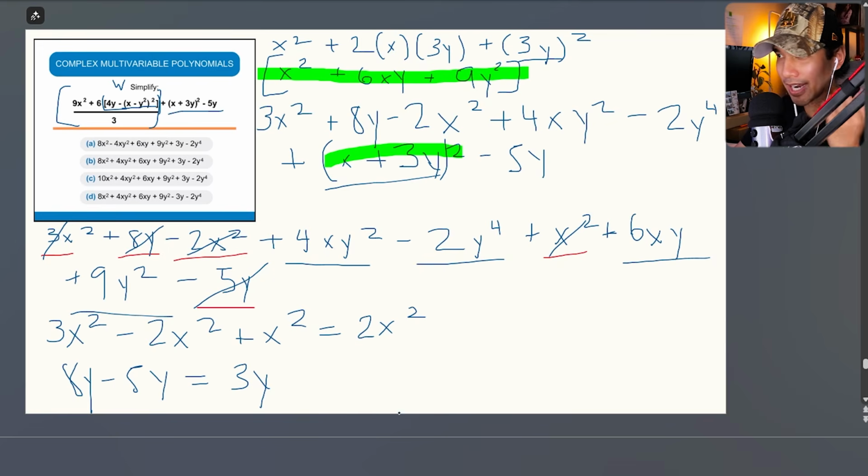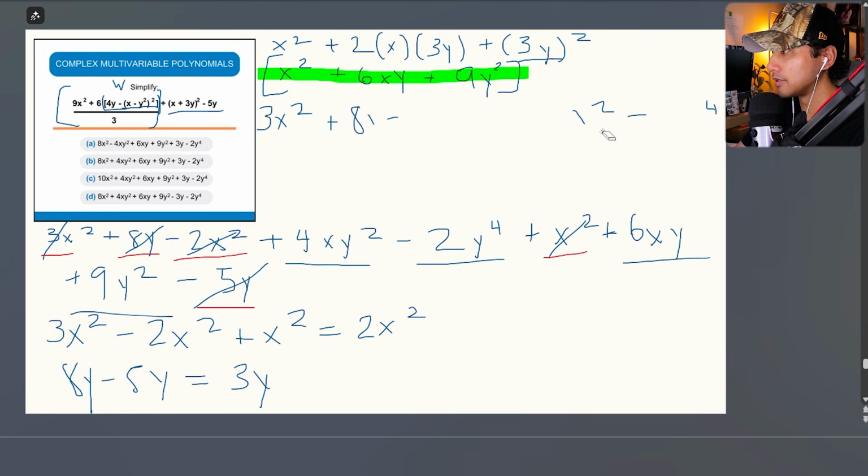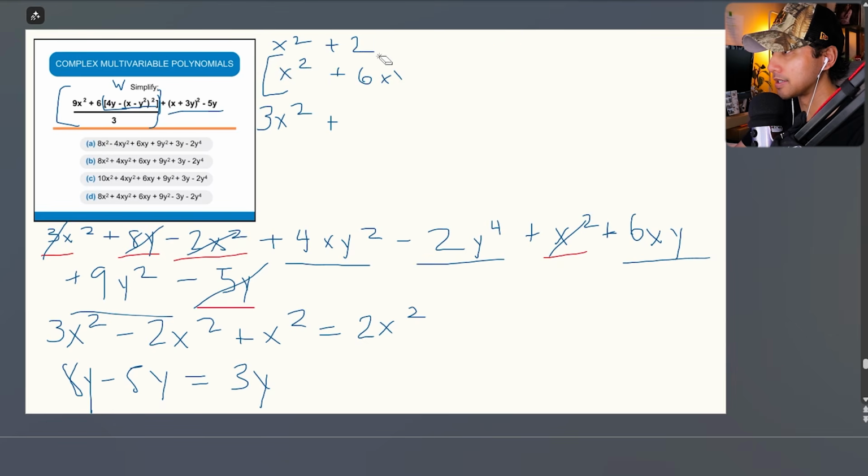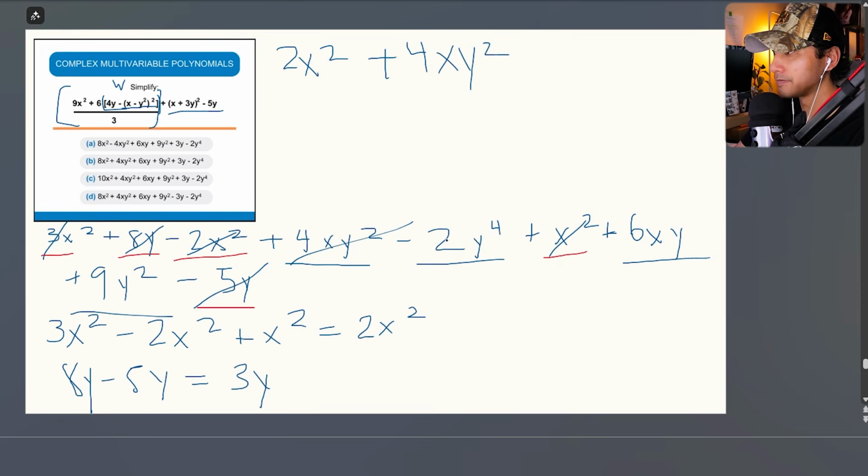So, writing everything out, now I could erase everything here. This is the answer, and it's not going to be part of the answer choices. It's 2x squared plus 4xy squared. Okay, cross that out. Plus 6xy. Cross this out.